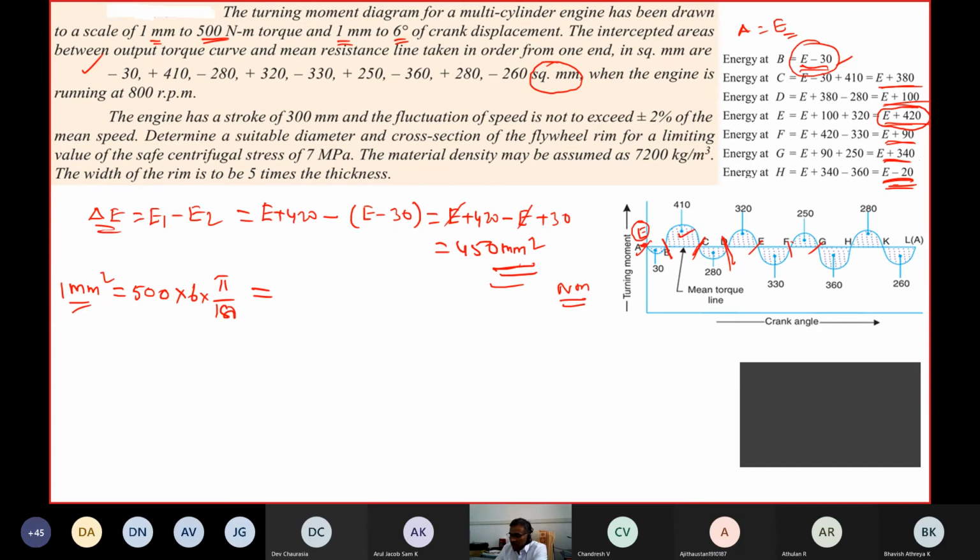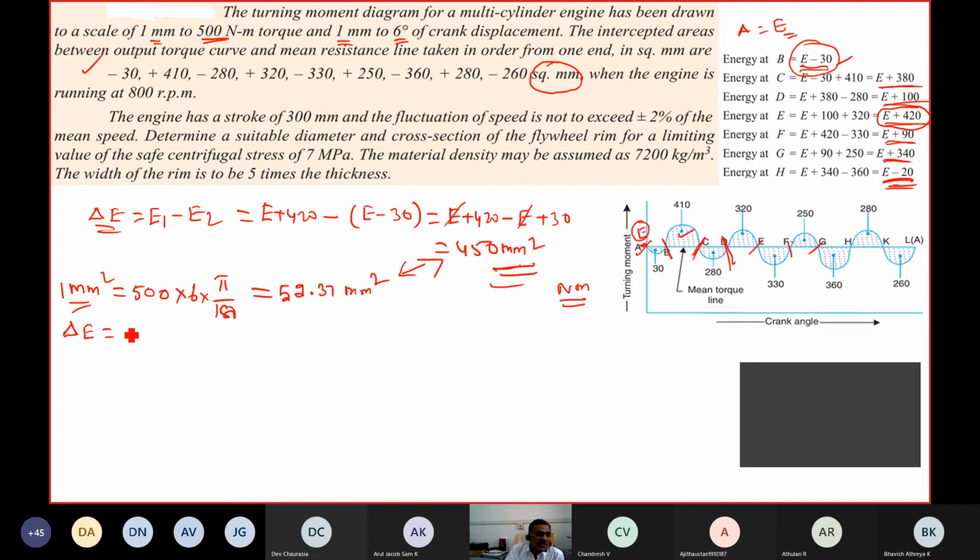If you calculate this, that will be 52.37 Newton meter per millimeter square. So now you multiply these two and find the delta E in Newton meter.